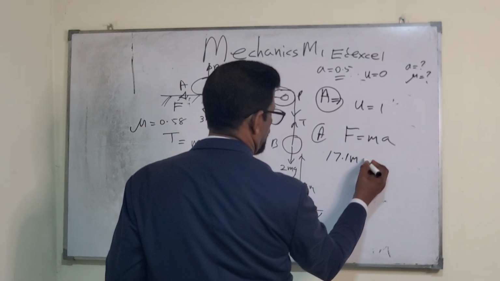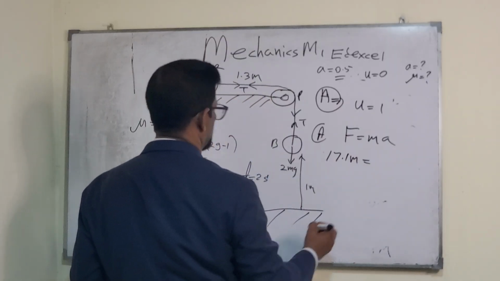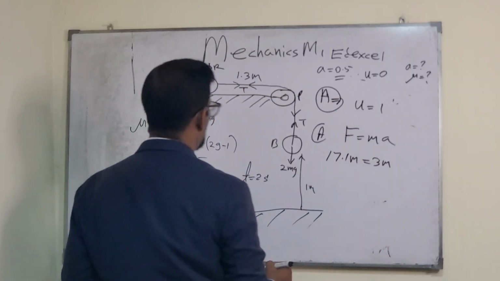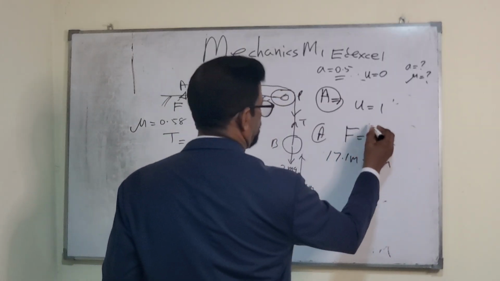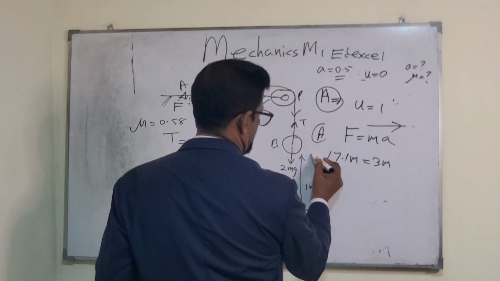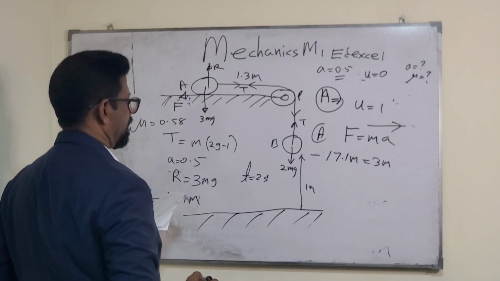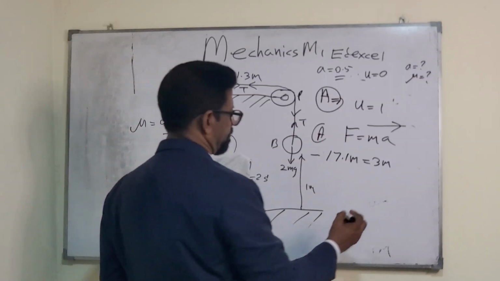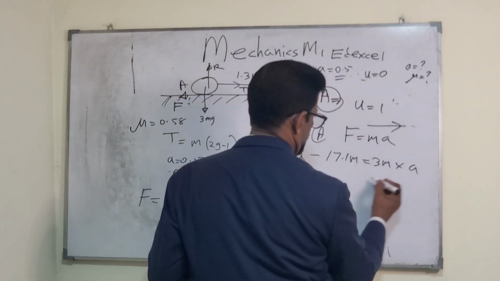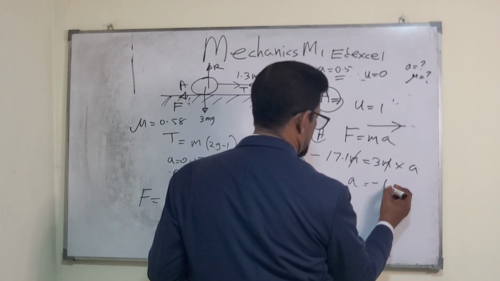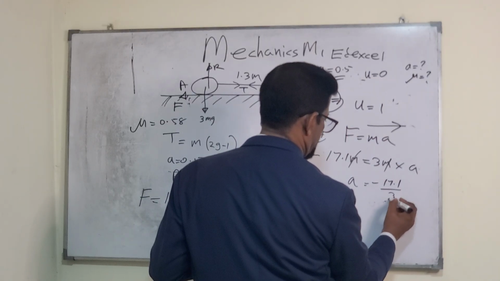17.1 m. What is the mass? 3 m. That way, this direction means minus. Okay, 3 m and deceleration a. So a comes, m cancels, minus 17.1 divided by 3.